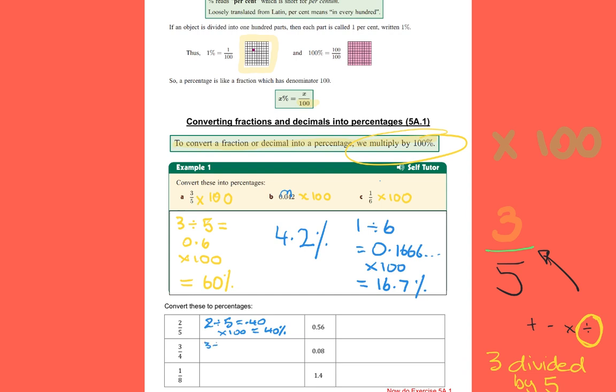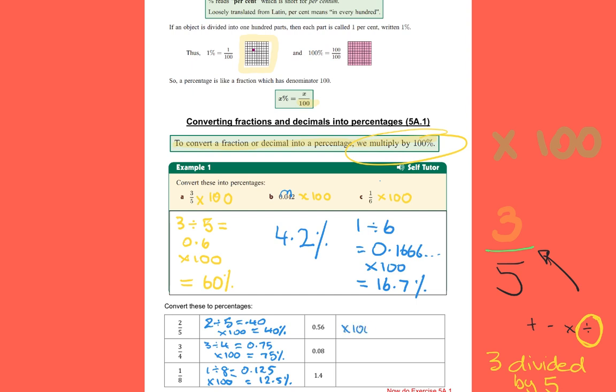And 3 divided by 4, 0.75, times by 100 equals 75%. 1 divided by 8, which is 0.125, times 100, 12.5%.